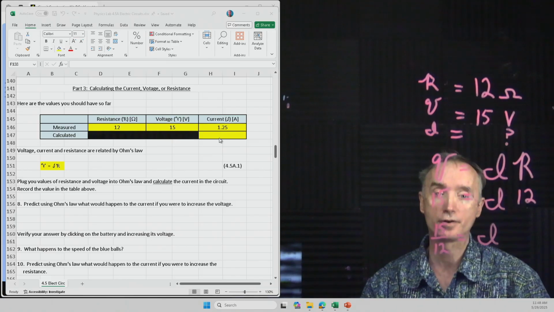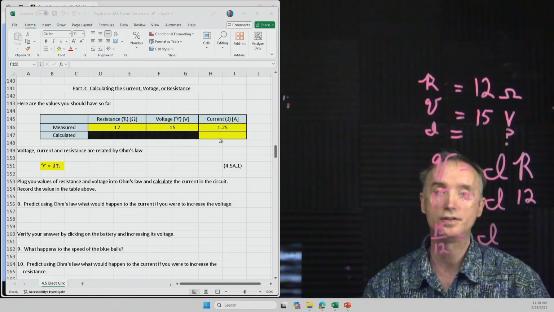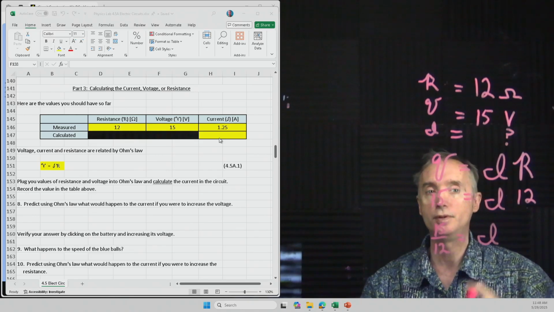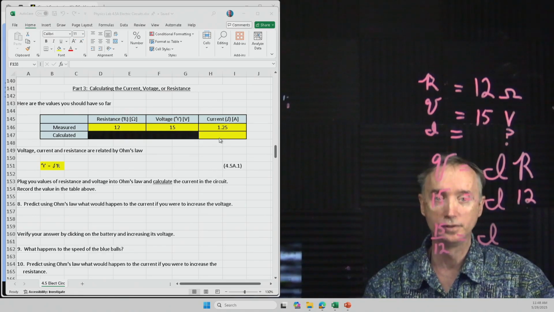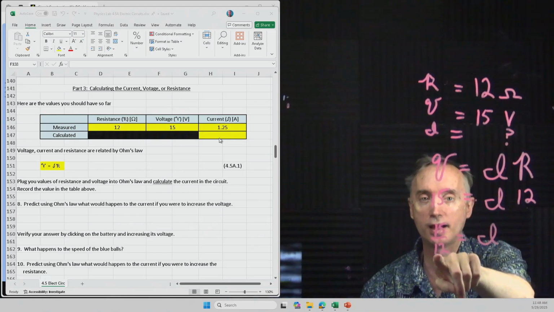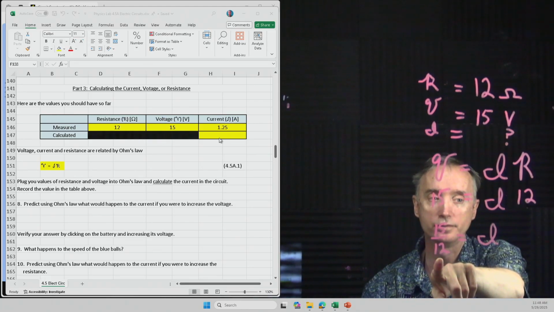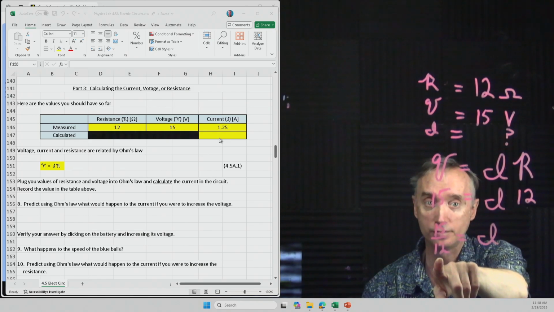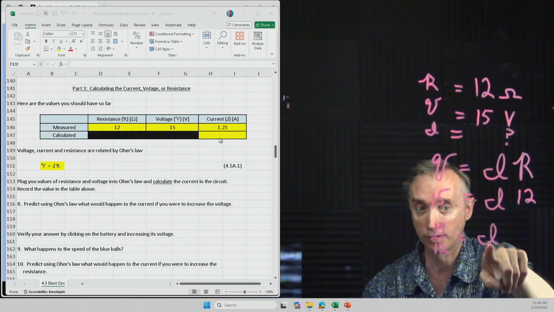And now we need to get out our calculator. You need to take 15 divided by 12, and then that turns out to be, well, I'm not going to tell you. You should know what that is. So go ahead and calculate that with your calculator, and then put the correct unit next to it, because it's a current.